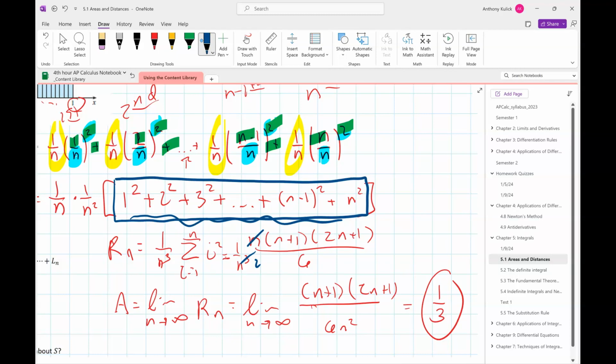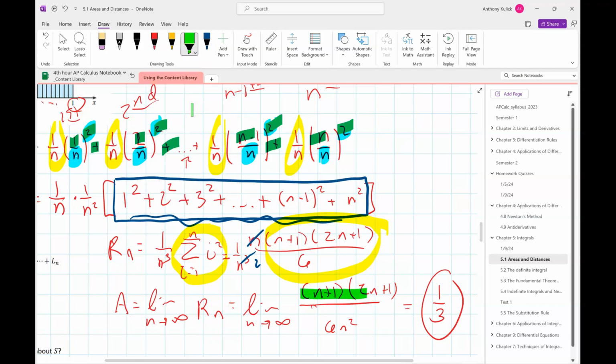Oh, okay, and then why did you set that equal to that? This x is equal to this. That's what we had said. And then you're just looking for the limit as n approaches infinity. Okay, and then how did you get the 1/3?